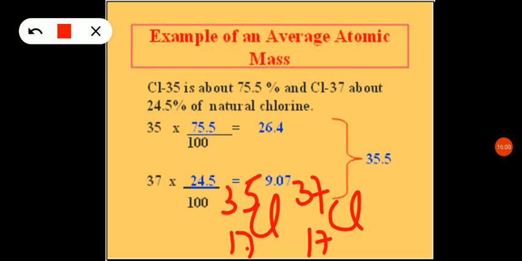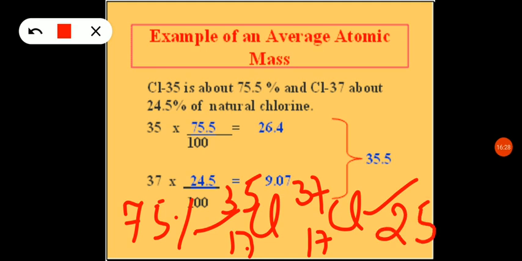We have to take the average of 35 and 37. To calculate the average atomic mass, you should know how much percentage of each is present in nature. Chlorine 35, around 75% is present in nature, and chlorine with atomic mass 37 is present 25% in nature.